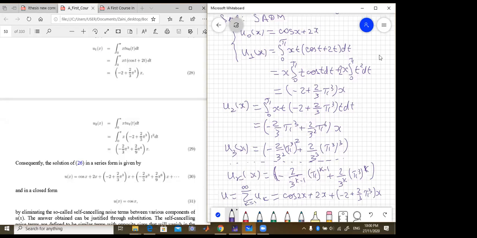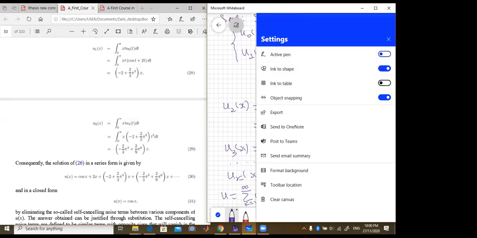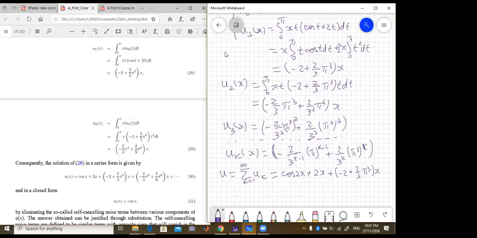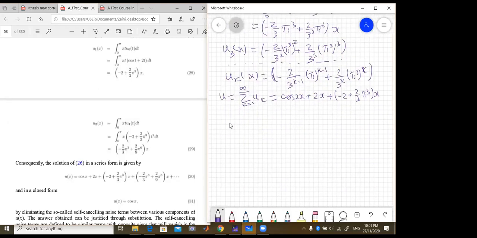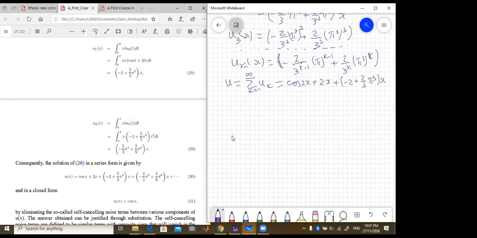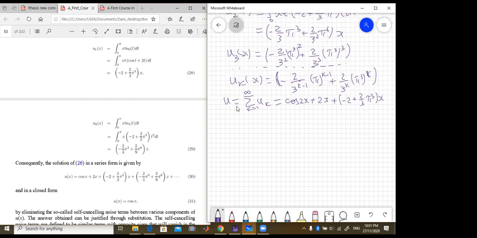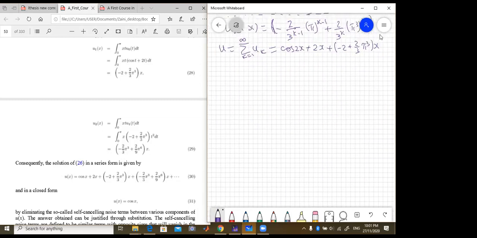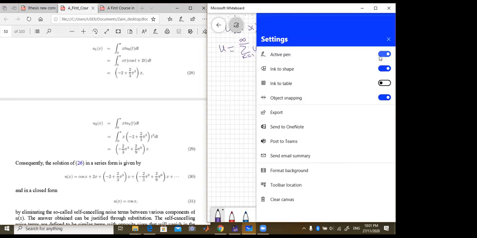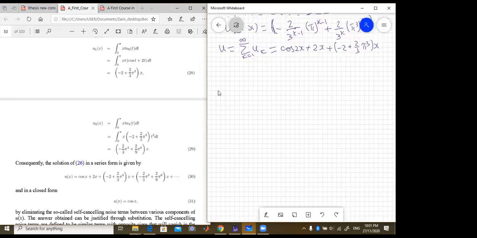Okay, now let me continue this way. Then I will summarize later. So, okay, let me first write down, then summarize. Okay, so I will hold this. Okay, next u2, yeah, sorry, u3.